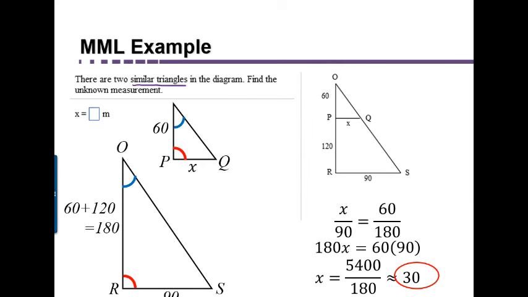Okay, another way you could have done it is this way, where we set up from the first triangle the x, from the second triangle the 90, from the first triangle the 60, and from the second triangle the 180. As long as you keep first over second, make sure that the corresponding sides are matched up.